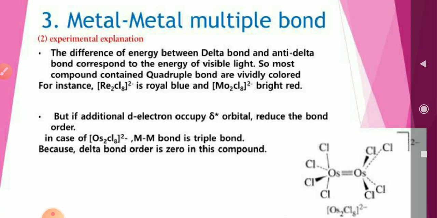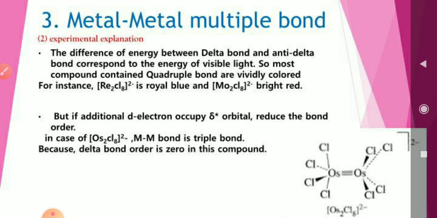So most compounds containing a quadruple bond are widely colored because of the intense absorption of light, like Re2Cl8 2-, which is a royal blue color, and Mo2Cl8 2-, which is a bright red color. So compounds with a metal-metal multiple bond show intense color.